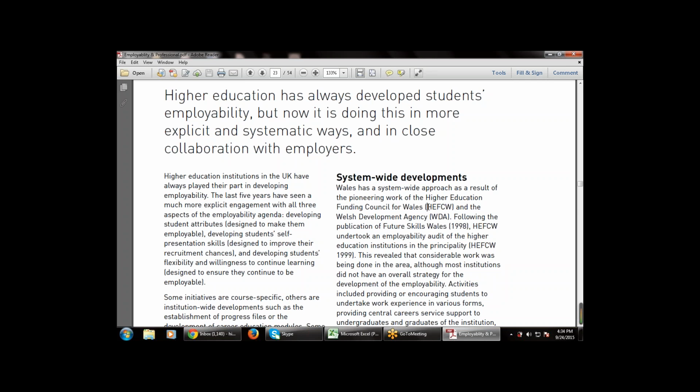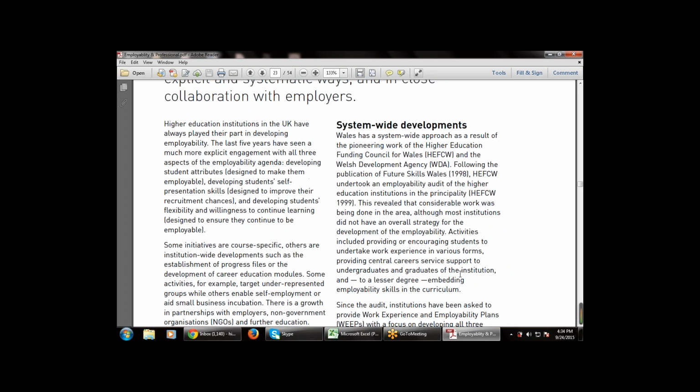They also included providing central career service support to undergraduates and graduates of the institution, and, to a lesser degree, embedding employability skills in the curriculum.